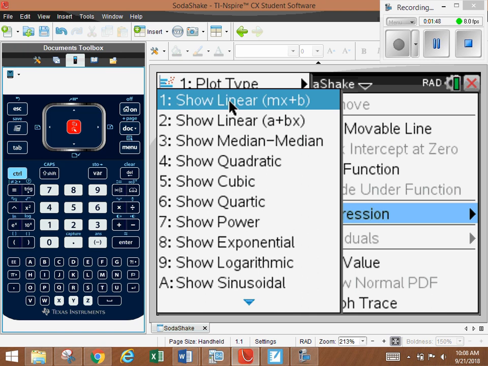You can show it either way, mx plus b or a plus bx, it's the same one.